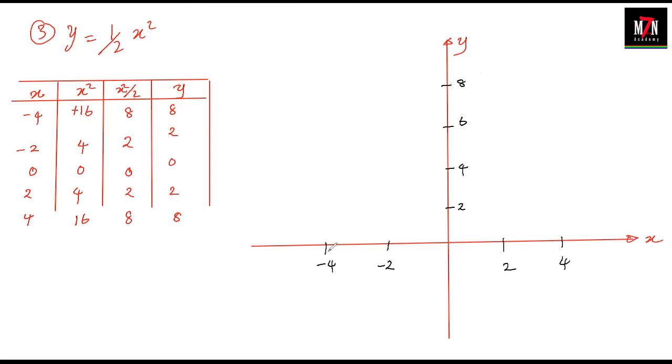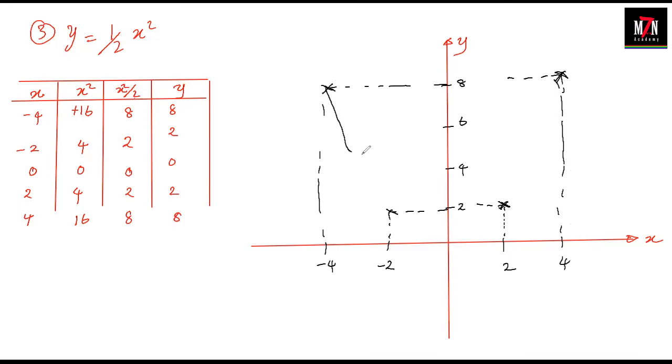So when the x value is minus 4, the y value is plus 8, and when x is minus 2, y is also plus 2. And when x equals plus 2, y equals again plus 2. And when x equals plus 4, y equals plus 8. So now you can draw the curve like this.